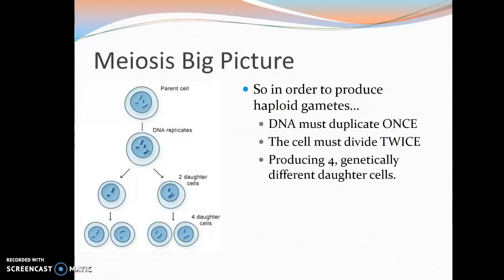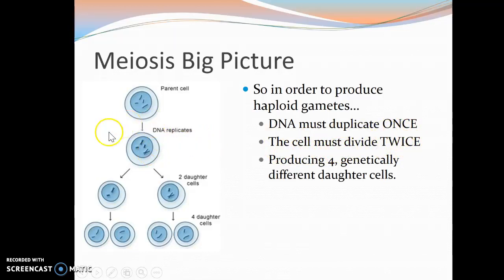All right, so the big picture. The big picture is that DNA is duplicated only once prior to meiosis. It's important that you remember, in order to produce the haploid gametes, the DNA must be duplicated once, but the cell divides twice.